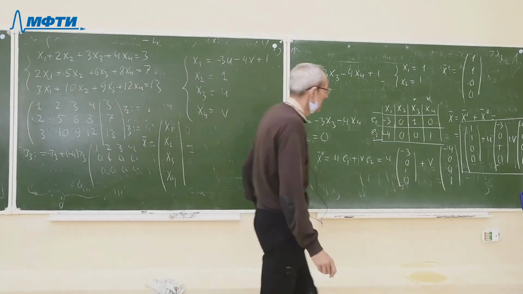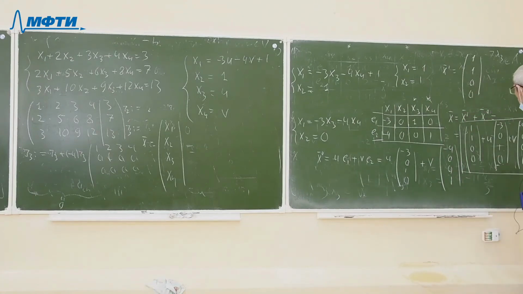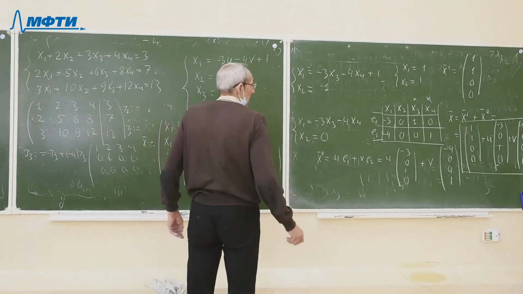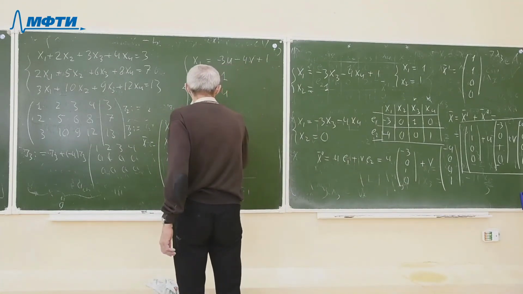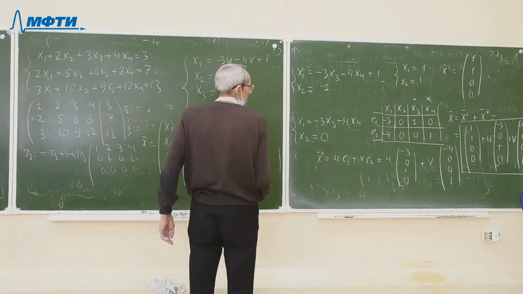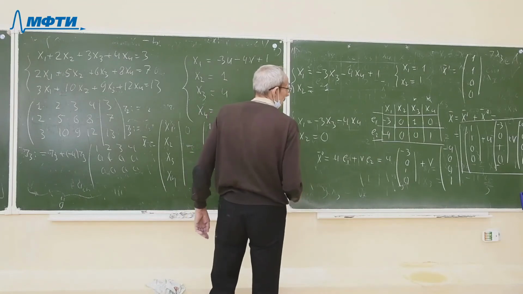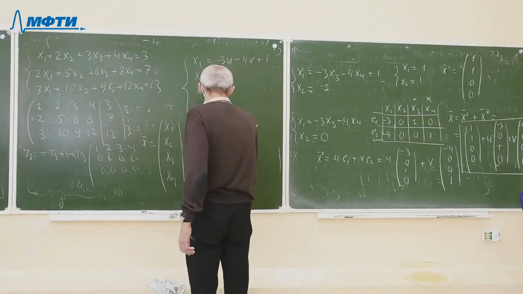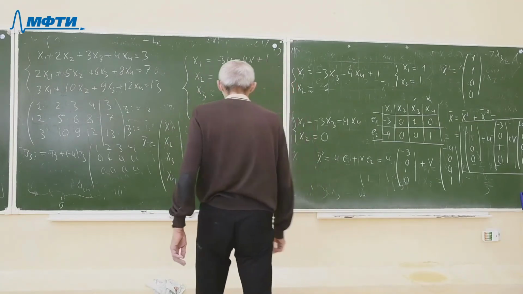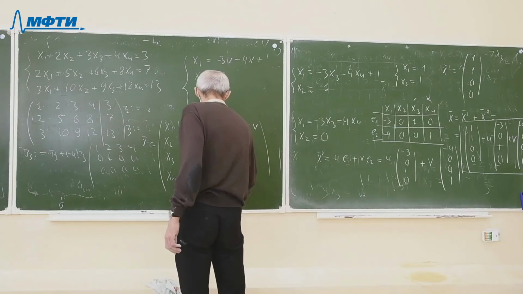And on the right side we have the following sum: 1 minus 3u minus 4v. The second component is equal 1, third component u, and last component v.